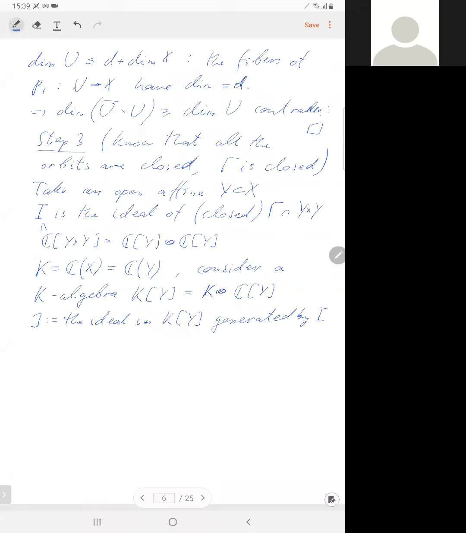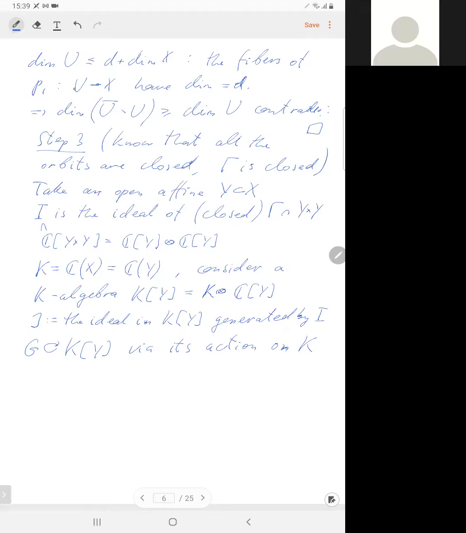Okay, so J is this partially fractional ideal, so to say, and now the group G acts on this strange algebra via its action on K, just via the first variable.